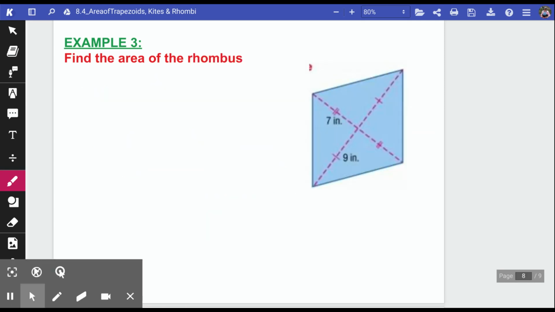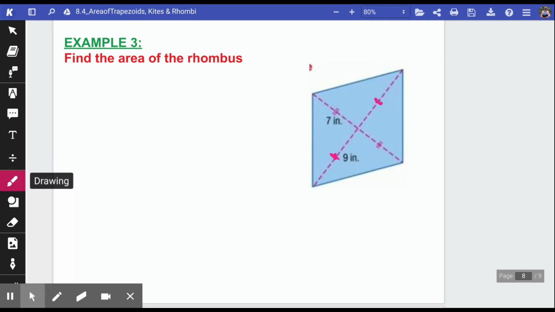Let's look at this example, which is the area of a rhombus. In a rhombus the diagonals aren't congruent. They're only congruent when you have a rectangle, but it is showing us that they bisect each other. So these 2 sides are congruent, and then these 2 sides are congruent.